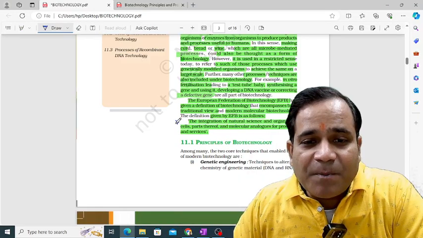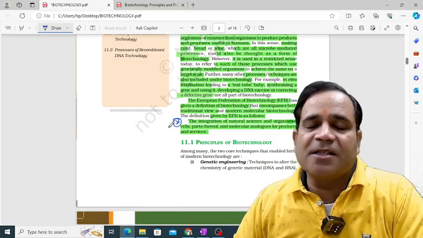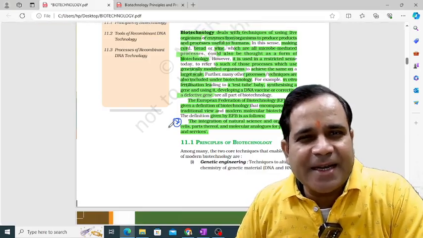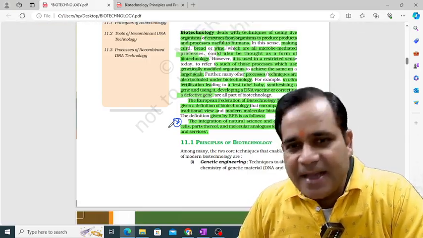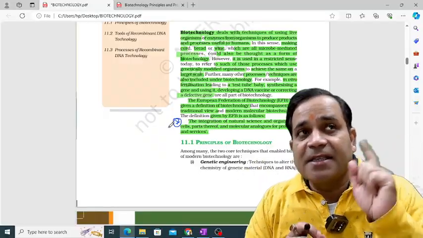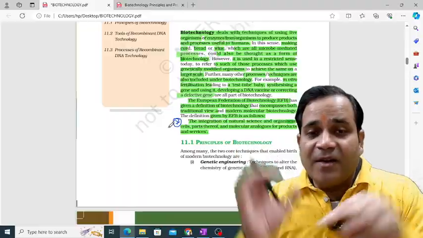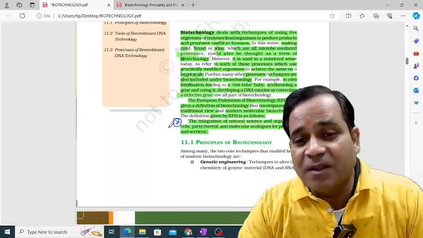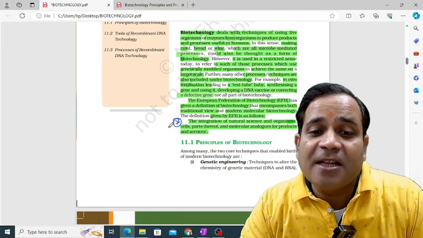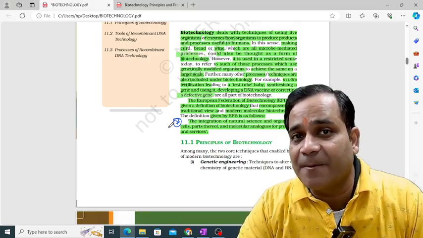Write it in your copy, mark it in your NCERT. Suppose natural science is integrated in organisms, parts thereof, and molecular analogues, in products and services, that is known as biotechnology.